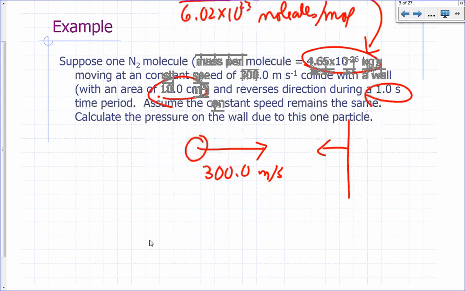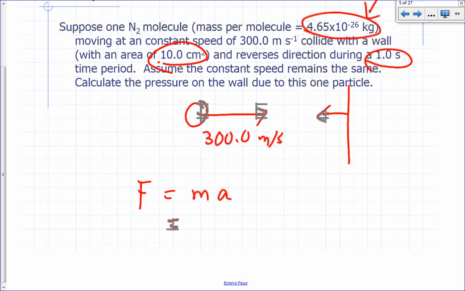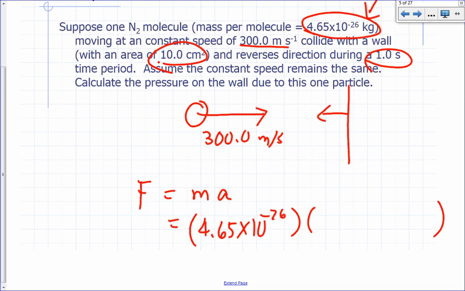So the force equals mass times acceleration, and our mass is 4.65 times 10 to the negative 26 kilograms. Our acceleration is the change in velocity over the change in time. We take this direction as the positive direction and the opposite direction as negative.